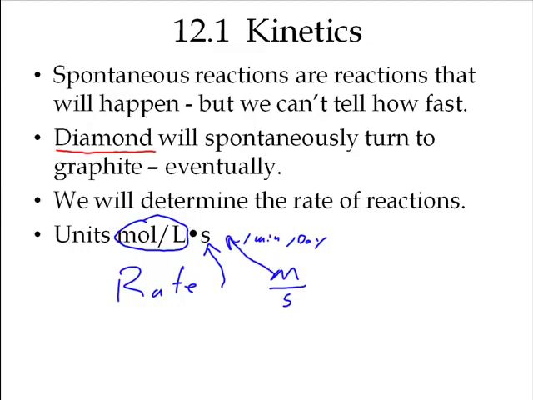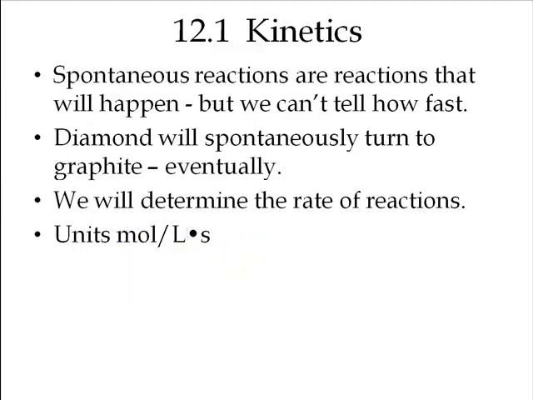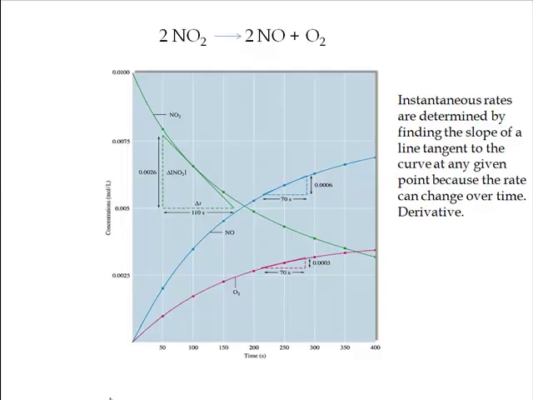All right. So let's look at a reaction and kind of get a visual on what's going on. And this is stuff that you already would know more or less, but we maybe have not really thought about it. So I've got this reaction up here.